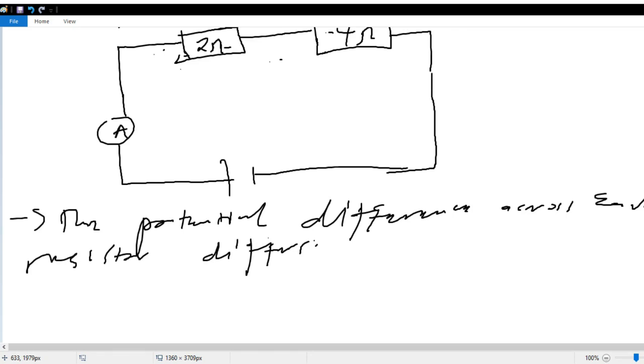The other rule states the sum of the potential difference across each component gives the total voltage, and this total voltage is the electromotive force.